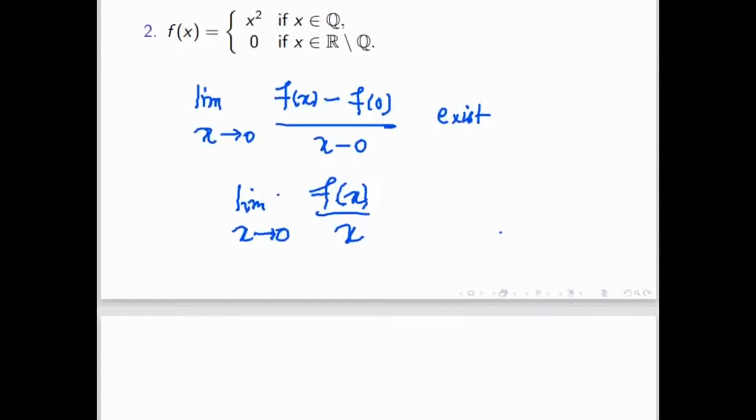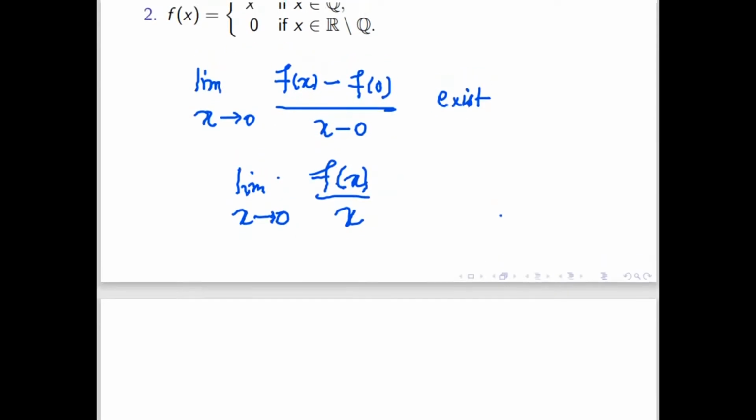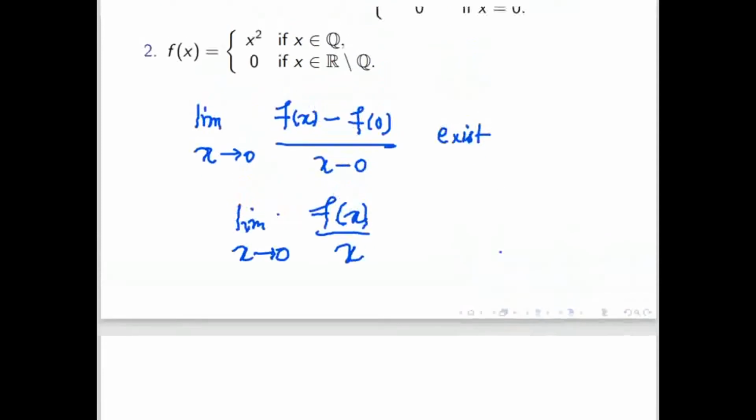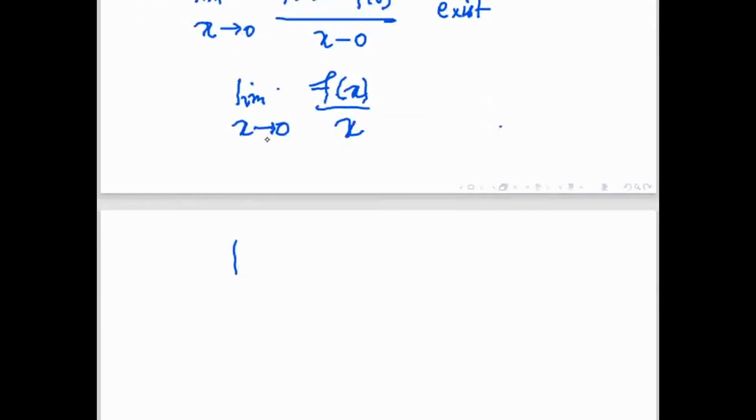Sir, as x tends to 0, we don't know whether it is x square or 0. So how will we do this? I'm doing the sequential criteria, or you can do the definition.